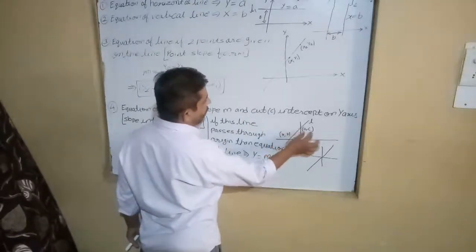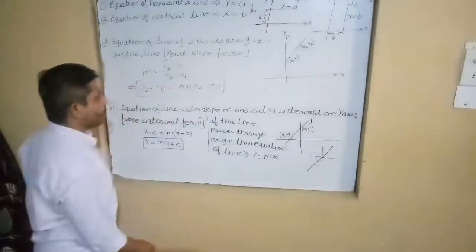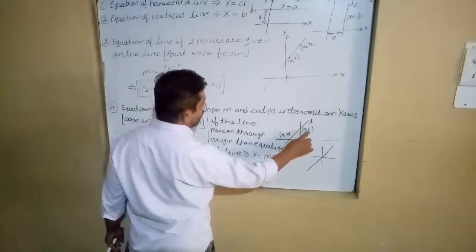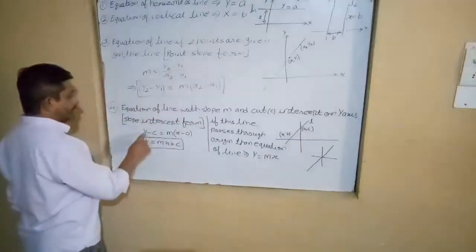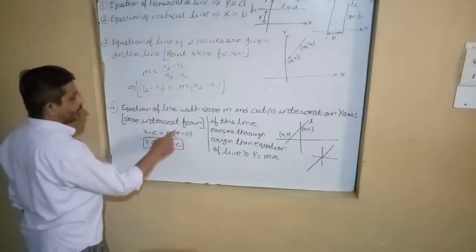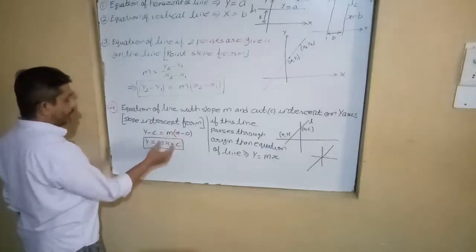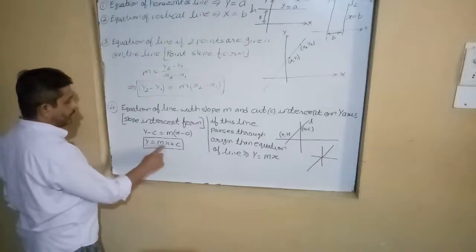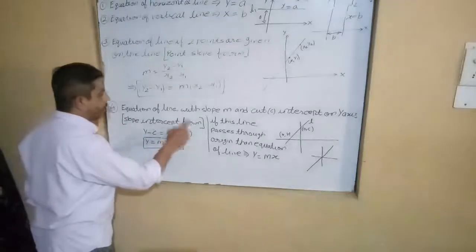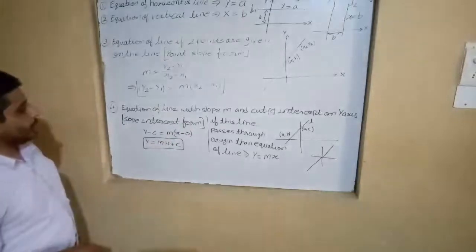So this point is called (0, c). Now if we put the values here, this is our x1, y1 and this is x2, y2. So we will get y minus c is equal to m into x minus 0, and when we solve, we will get y is equal to mx plus c. This is called slope intercept form. y is equal to mx plus c.